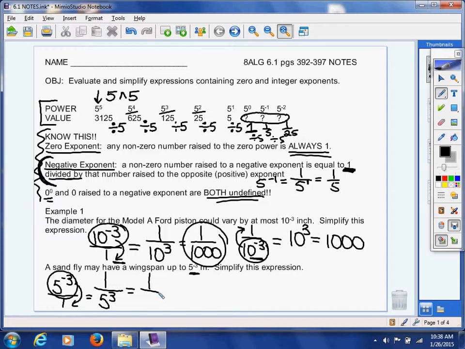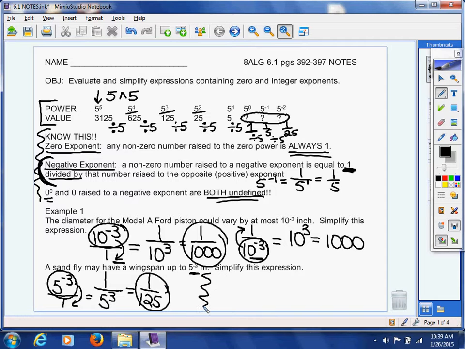And what is 5 to the 3rd power? Well, that should be 5 times 5 times 5, and you should get 1 over 125, and that's the wingspan. It's 1/125th of an inch. Very, very super tiny. Okay? So that's how you simplify it. Now let me do a what if.